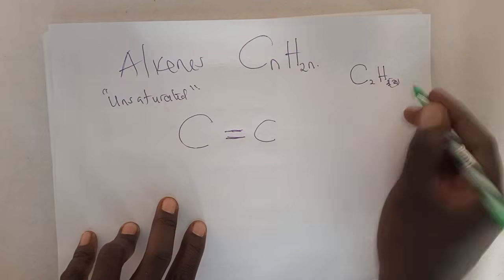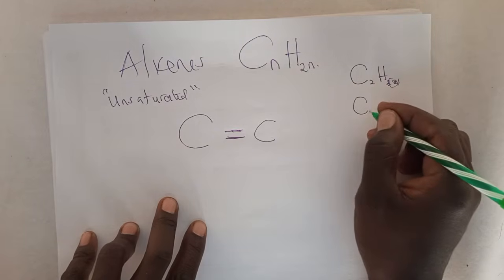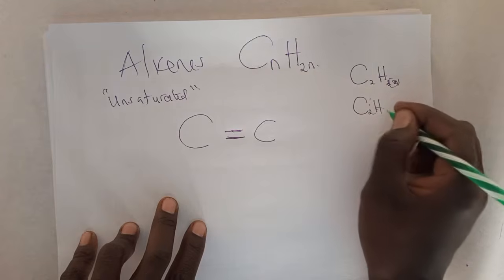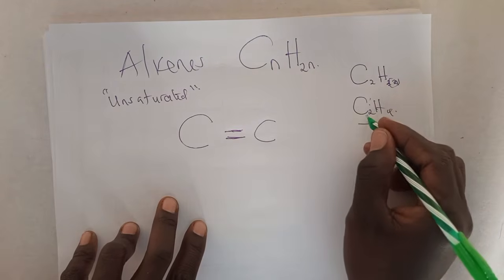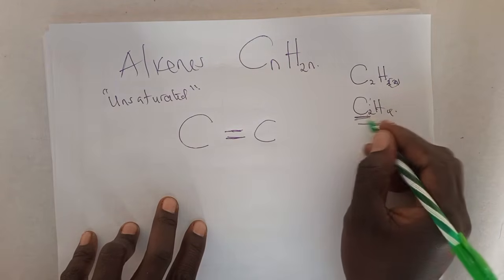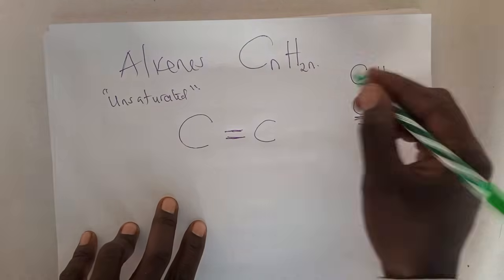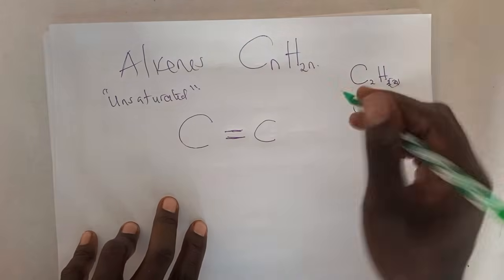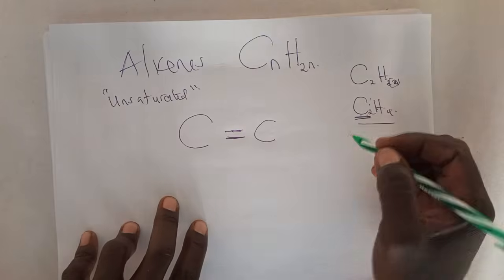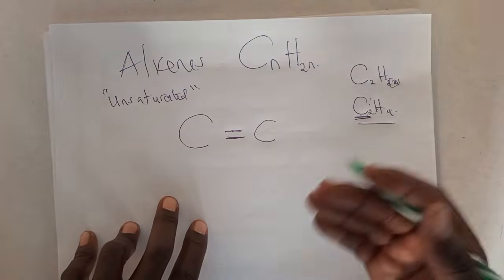So we have 2 times 2, that gives us 4. So we have C2H4.